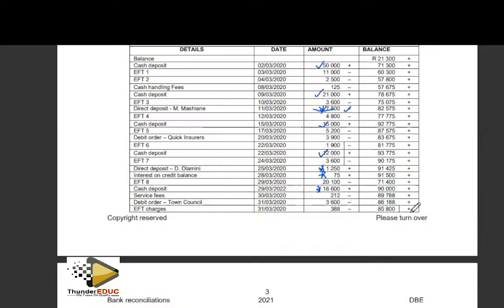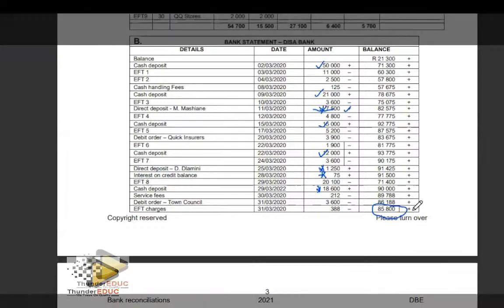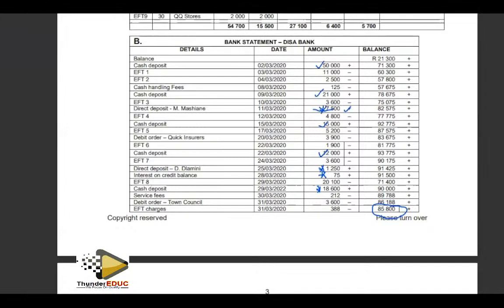Now, the first thing you should always do is take this amount, which is what we start with in the BRS, okay? If it's a credit balance, it's a plus. If it's a credit balance, this is what you start with here in the BRS.